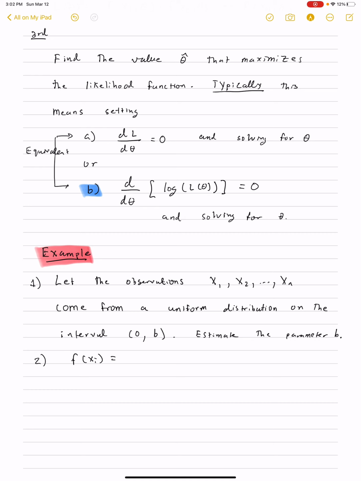Well, it says it's uniform. A uniform is going to be 1 over the length of the interval. The length of the interval is from 0 to b, and that is if x is between 0 and b.